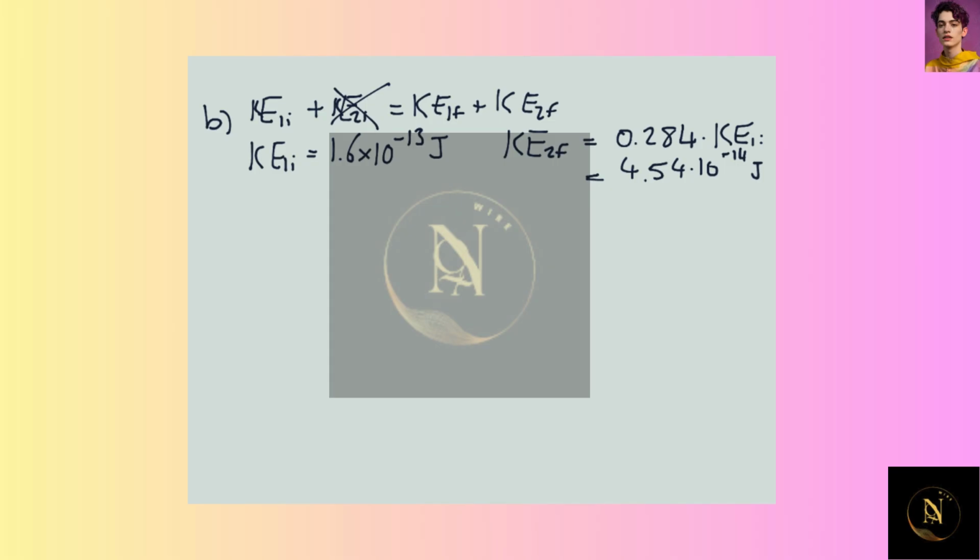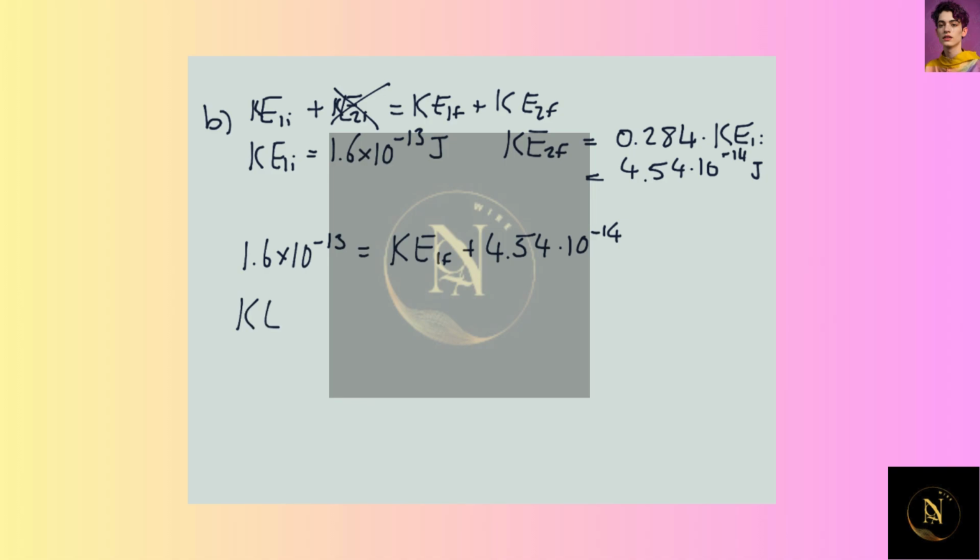Now, because we already know two of these things, we can find the third, just by substituting into that equation above. So, 1.6 times 10 to the negative 13 is equal to the kinetic energy of my neutron, final, plus 4.54 times 10 to the negative 14.